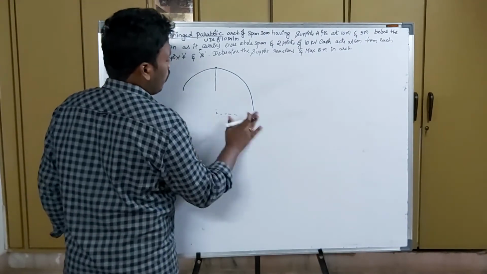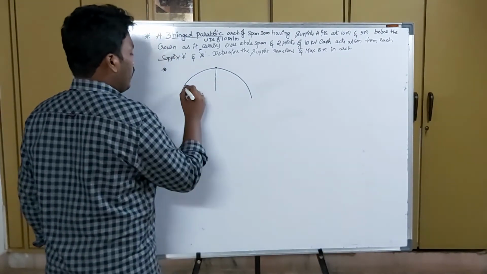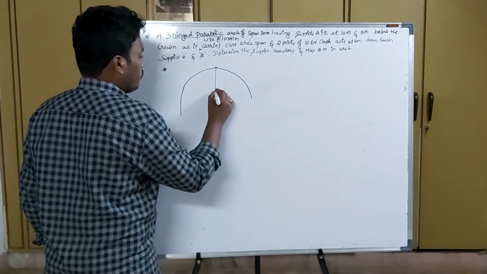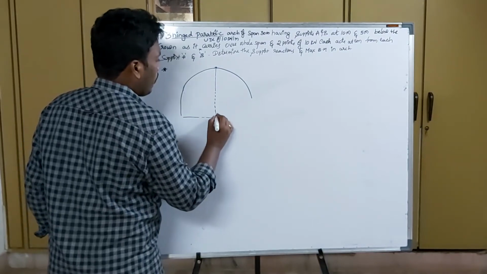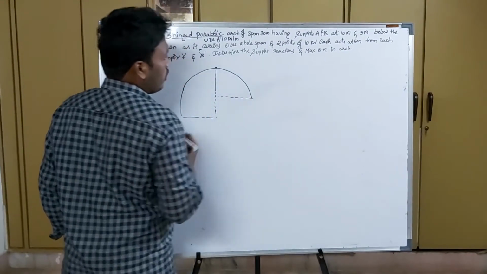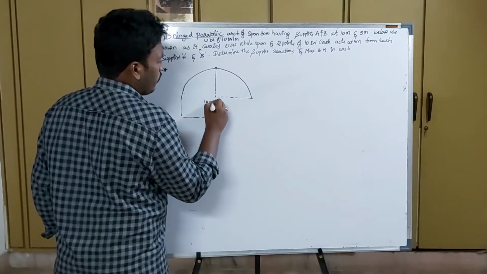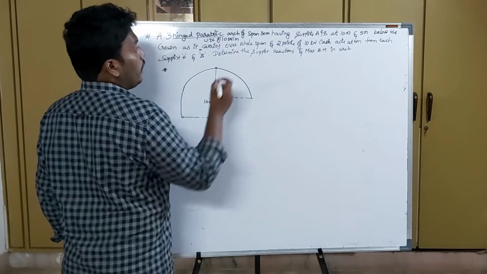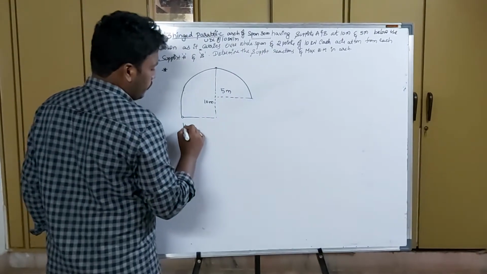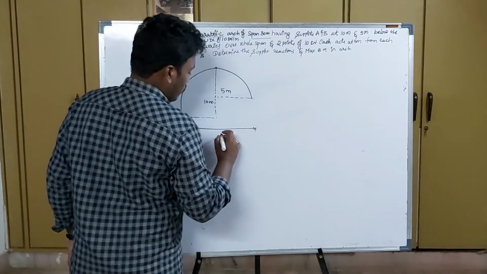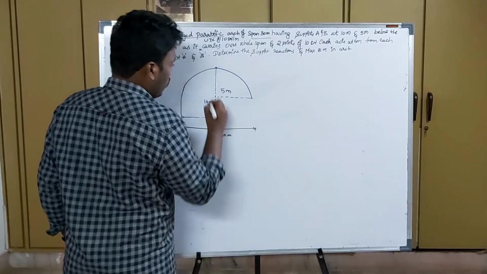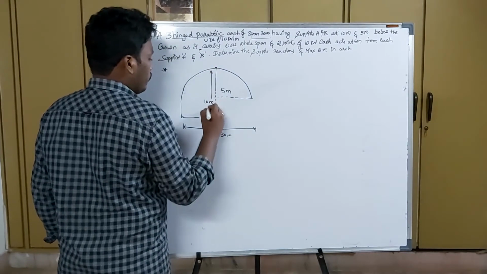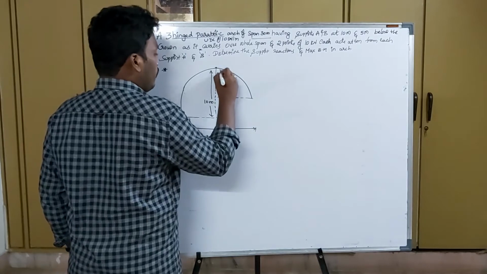So I made a small mistake here. 10 meters means the larger one is on this side, and 5 meters means the smaller one is on this side. This is 10 meters and this is 5 meters, and whole span is 30 meters. The 10 meters is this and 5 meters is this.